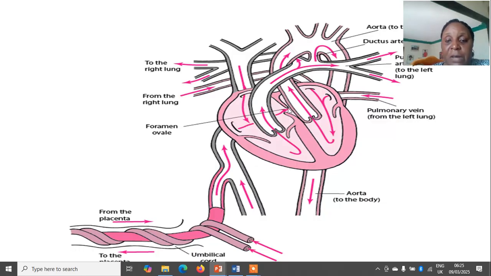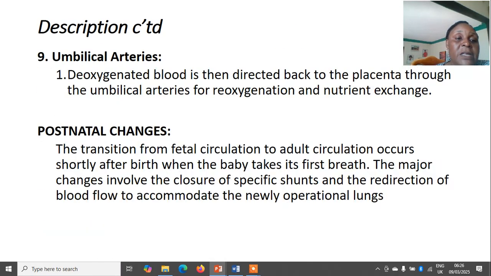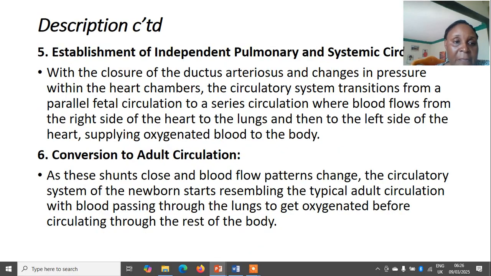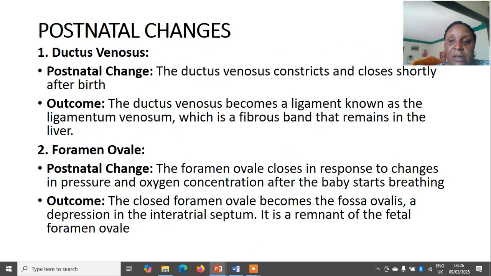And the foramen ovale will collapse, the ductus arteriosus will collapse, plus the ductus venosus will collapse. This will also lead to the collapse of the hypogastric arteries, because now they have no use of taking back the blood to the placenta. So they will also collapse. And these things will regain new names. And these are the names.